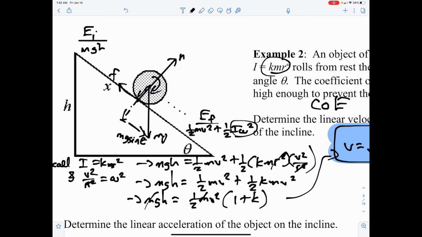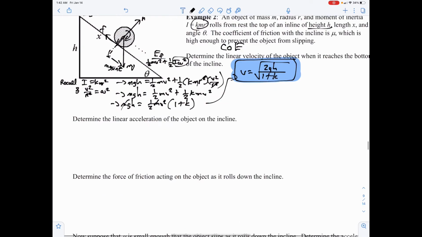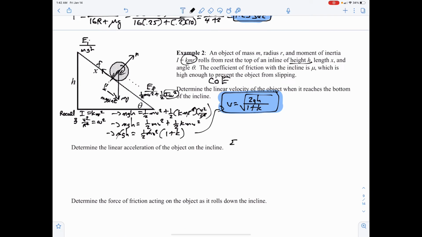Mg sine theta is going downhill. So we do know that net force equals ma, which would be mg sine theta minus friction equals ma.